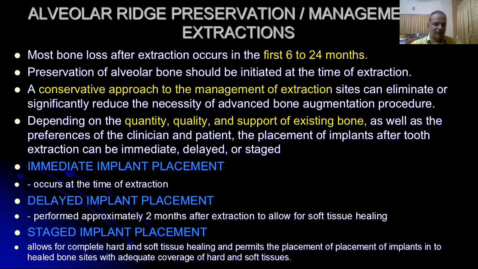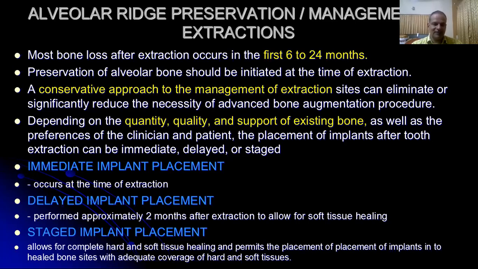In staged implant placement, whether it is with bone graft or without bone graft, the site is allowed to heal for about 4 to 6 months, where there is a complete vascularization of the bone graft, complete healing of the socket, and complete hard and soft tissue healing.